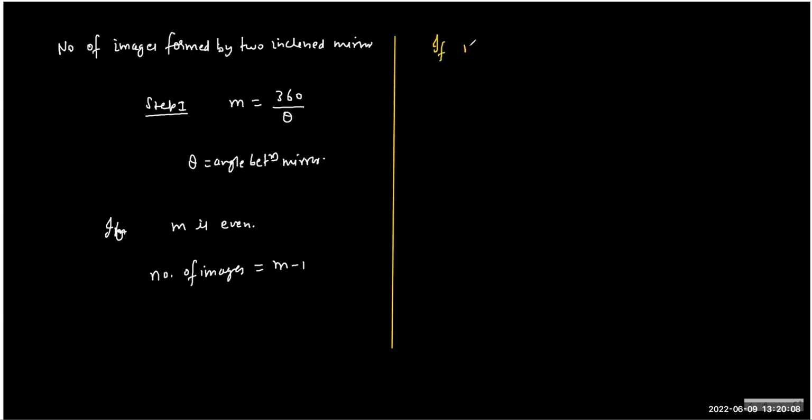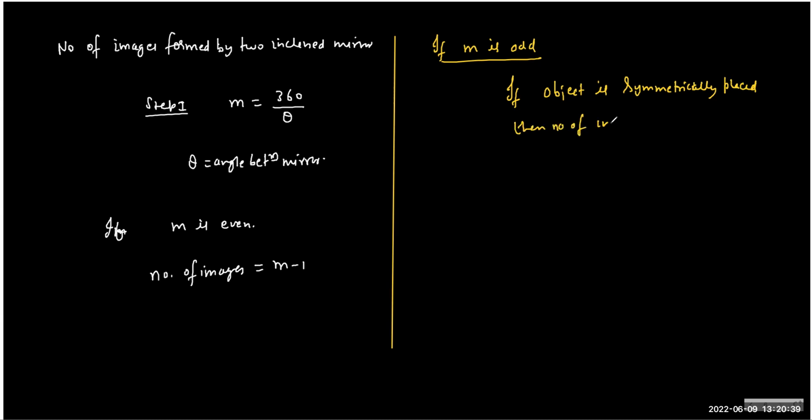If M is an odd number, then we have to ask something like, is the object symmetrically placed or asymmetrically placed? If the object is symmetrically placed, then the number of images equals, again, one less.